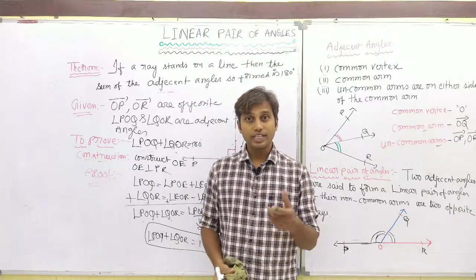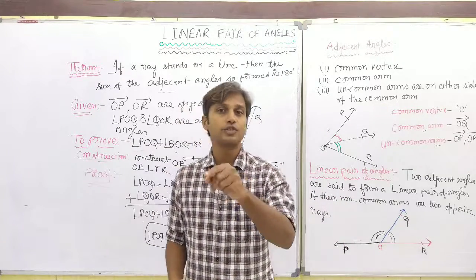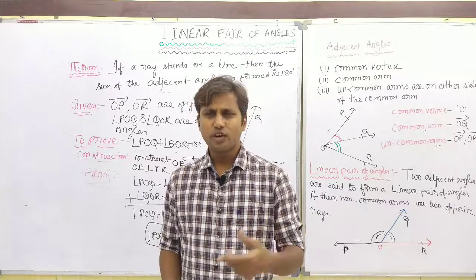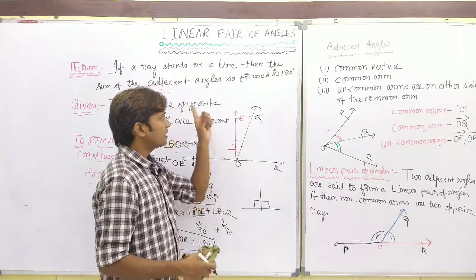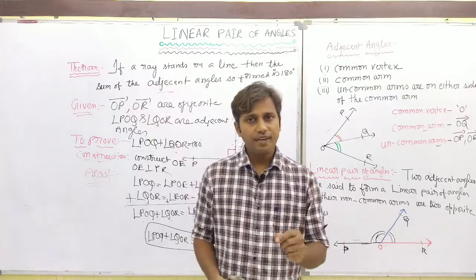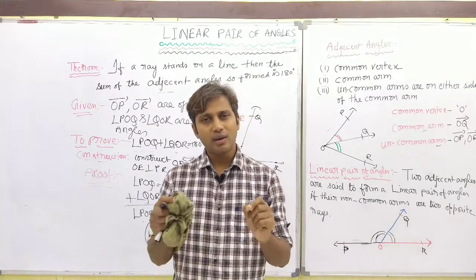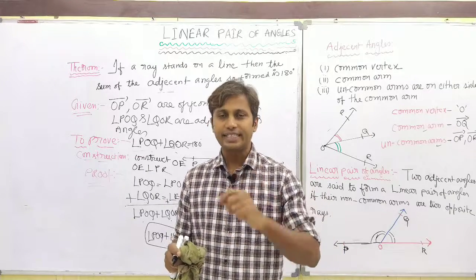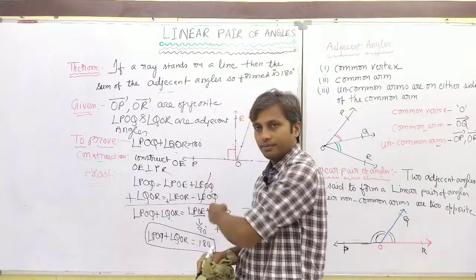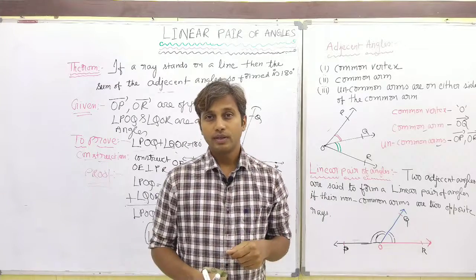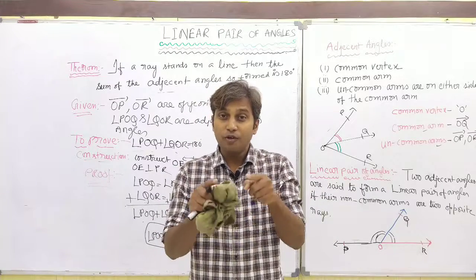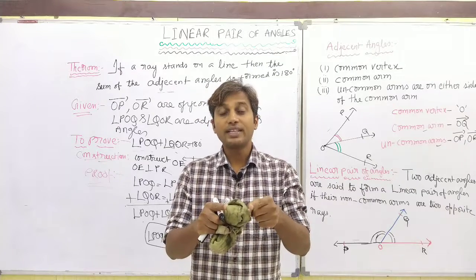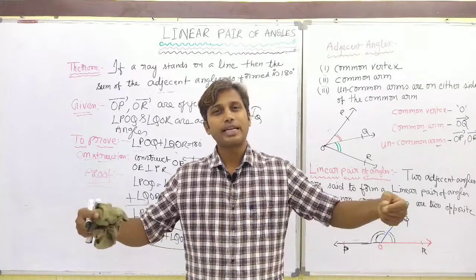So now, what is the next part? We have to do the converse of this also to obtain the condition for linear pair. What is that converse? See, here what is the statement of the theorem? Whenever two uncommon arms are oppositely directed to each other, then the adjacent angle sum is 180 degrees. We proved that before, in this theorem. Now what should be our proof? If the adjacent angle sum is 180, then the uncommon rays or uncommon arms are oppositely directed to each other.